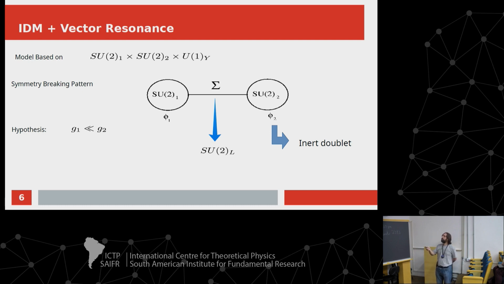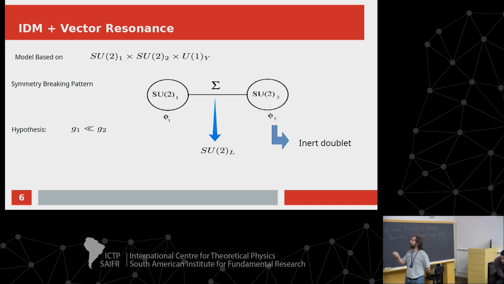And this symmetry is broken down to the standard model SU2 through the vev of this link field. We put each doublet in each SU2. I mean, one doublet transforms under SU2_1, and the inert doublet transforms under the additional SU2.